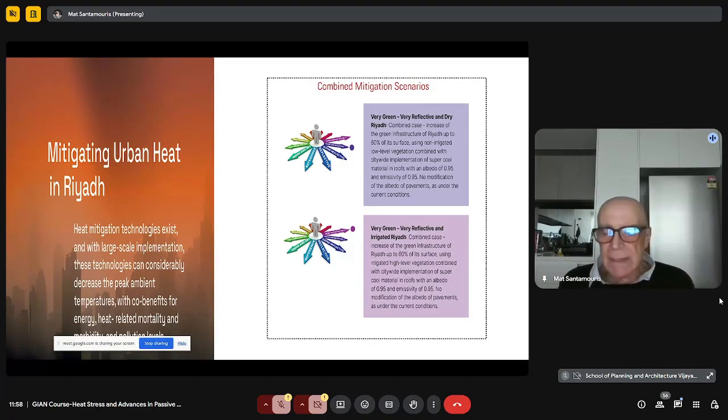These are the mitigation scenarios that we have designed. And I explain why it is important for these mitigation scenarios to be designed on a rational basis, based on the needs and the strategy that has to be followed at the city level.